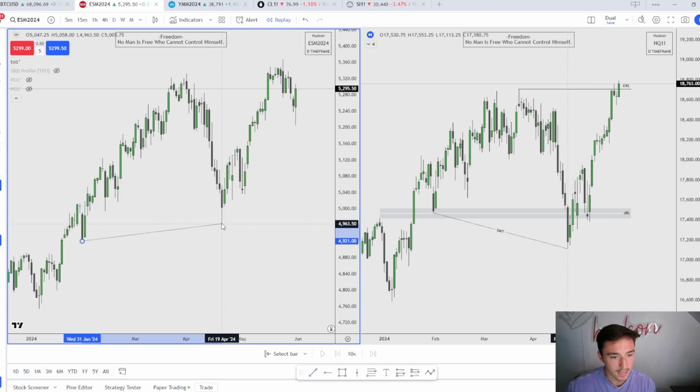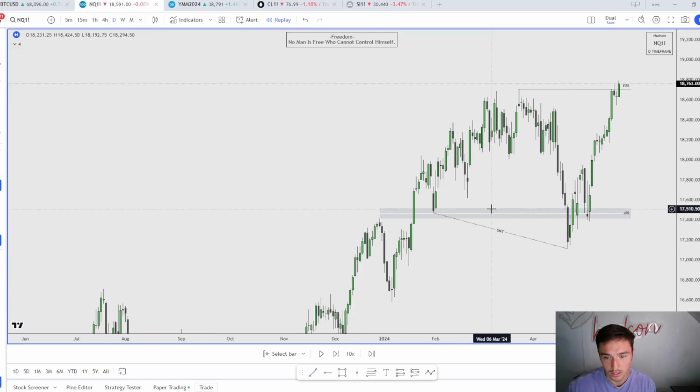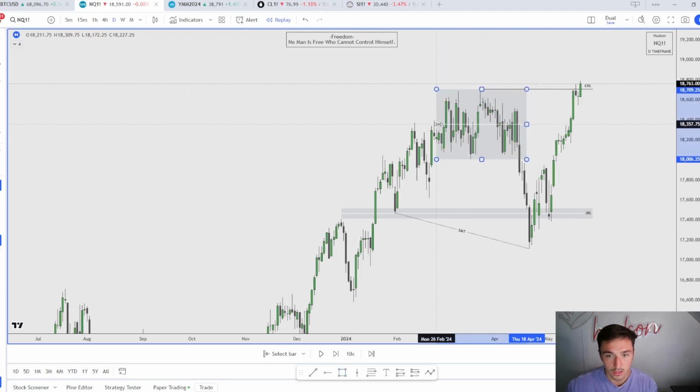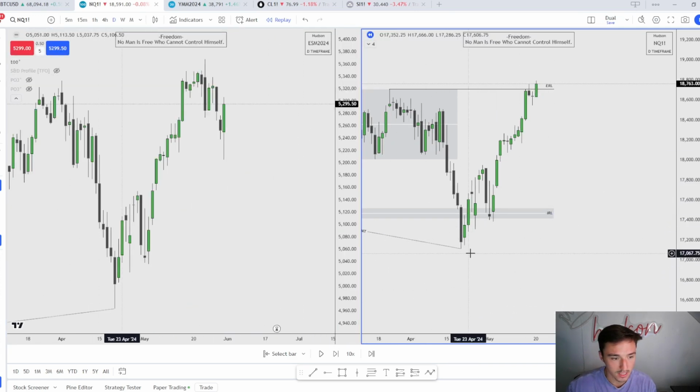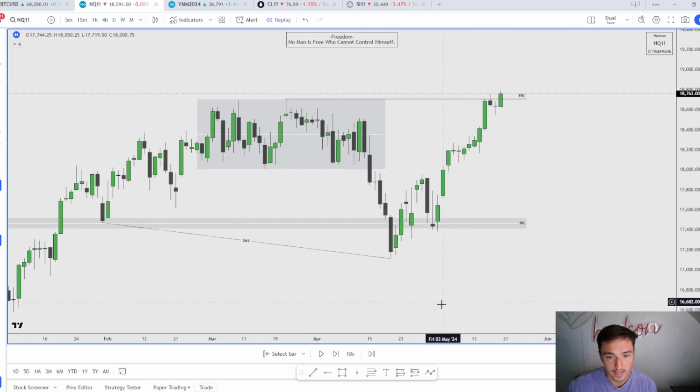And that is key for a market maker model. So we see an original consolidation, which is up here, all of this price action. You can literally just mark off all of this. We have an SMT, and I'm pretty sure, if I'm not mistaken, we do create another SMT right there at that swing low.